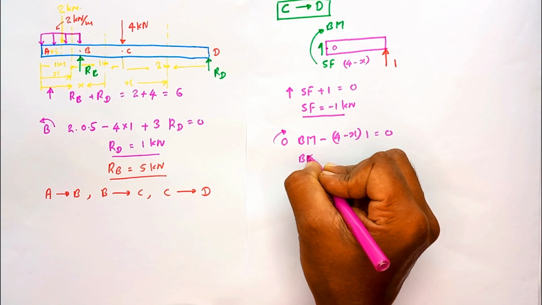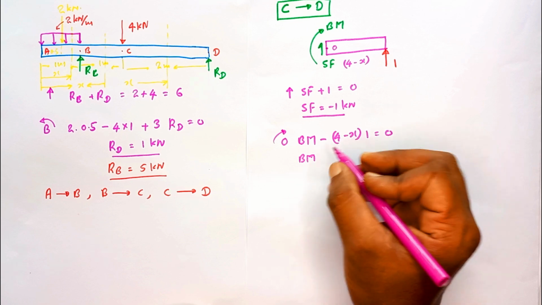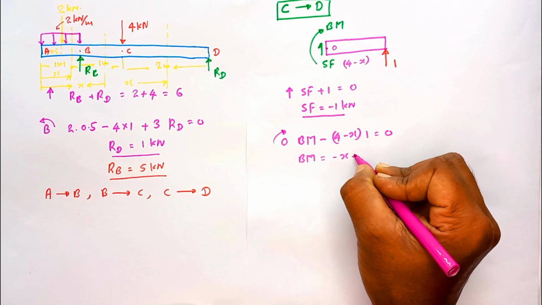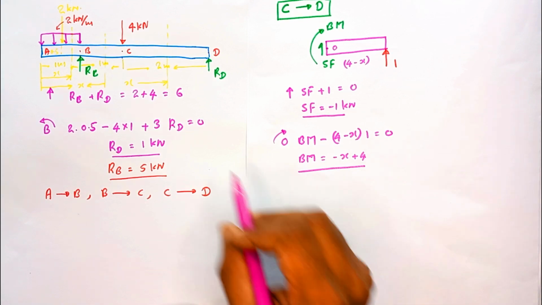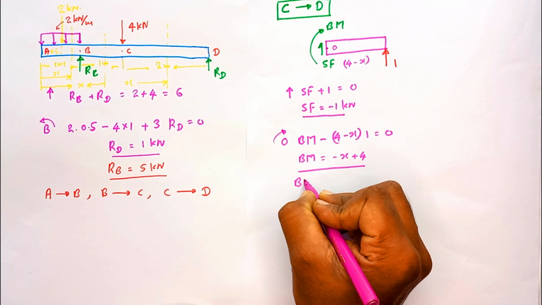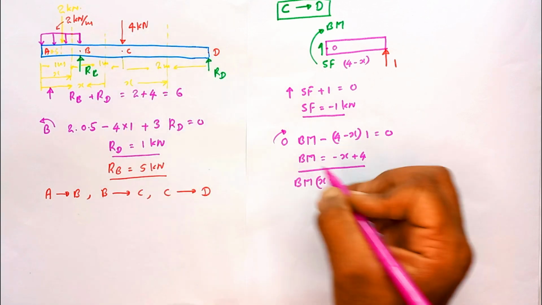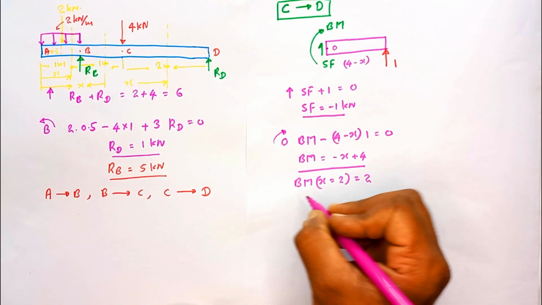The bending moment is equal to minus x plus 4. This is how the bending moment varies in C to D region. So the bending moment at x equal to 2, the value is equal to 2.